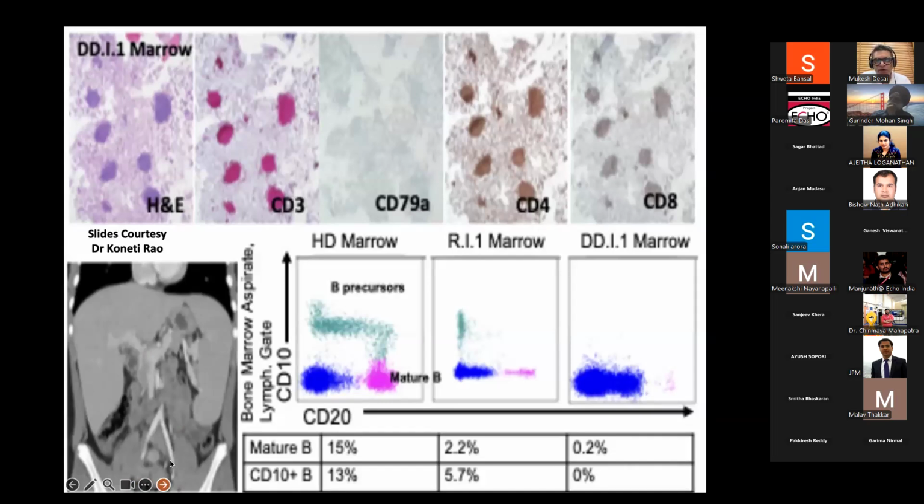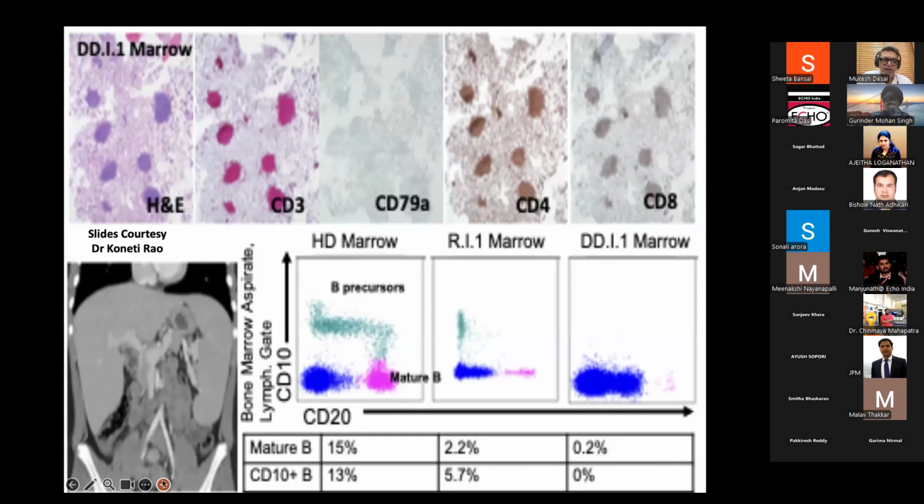Now, one distinguishing feature which would help a histopathologist or a hematologist make the distinction that this is probably APDS syndrome and not a hypoplastic anemia is that in patients with APDS syndrome, the bone marrow biopsy will show you a lot of clusters of CD3 positive cells. So you'll see clumps of CD3 positive cells, and this presence of clumps of CD3 positive infiltrate is the clue to tell you that you are dealing with APDS syndrome and not a hypoplastic anemia, because you don't see that in hypoplastic anemia. And this is a slide which was shared by Dr.